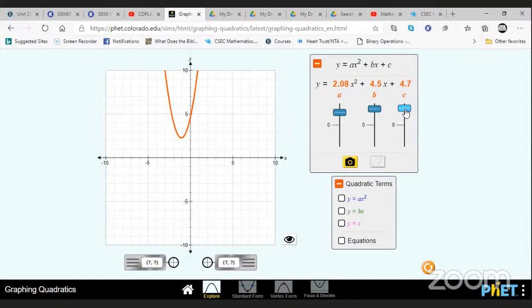Yes, Tasha, go ahead. If you look at the difference between C and the rest of them, C only goes one direction, sir. It's a lot different from the other two. C goes up and down. Okay, all right, good. So C moves it up or down. The constant, the third term, moves it up or down. Okay.